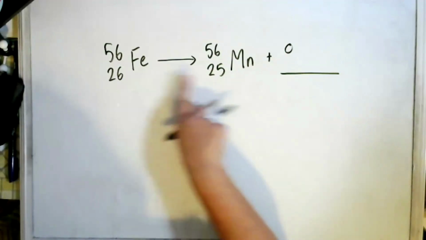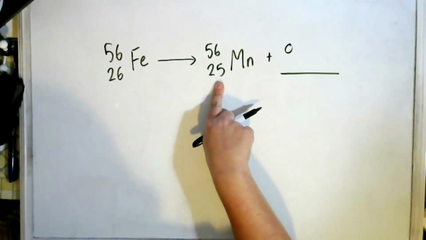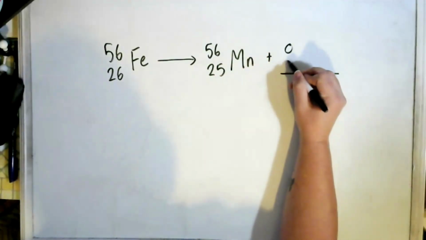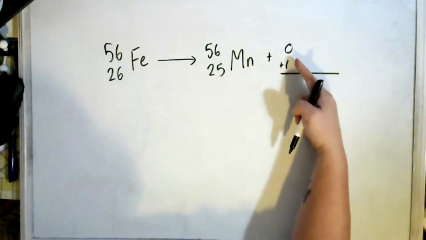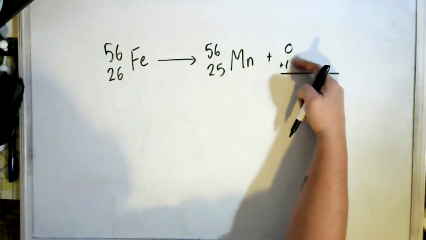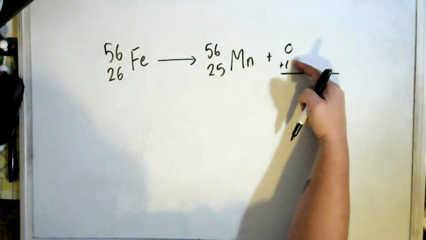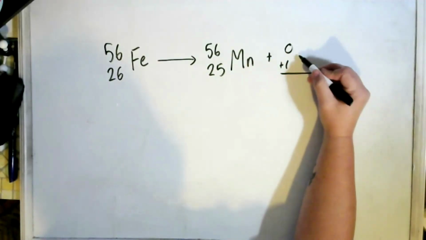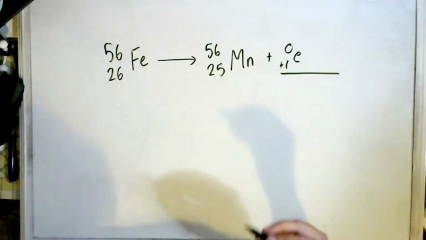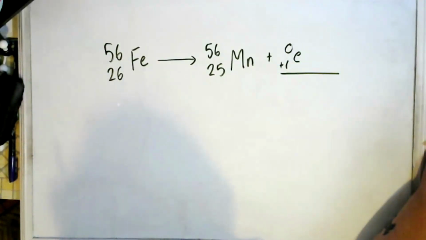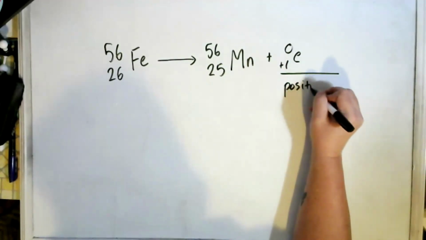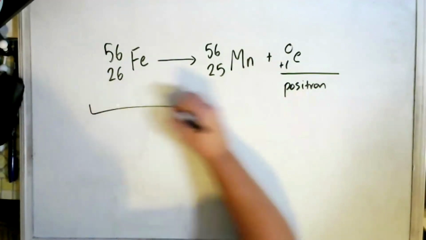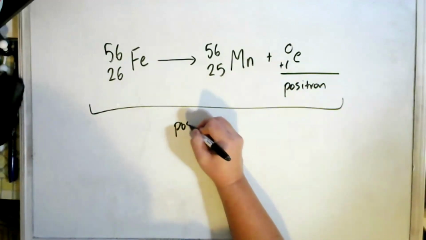We have a 26 here, and then we have a 25 here, so we're going to need a +1 on the bottom. The only type of radioactive particle that has a 0 and a +1 is your positron. So if that's a positron, that means this process is called positron emission.